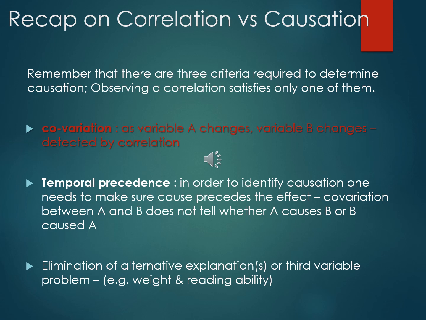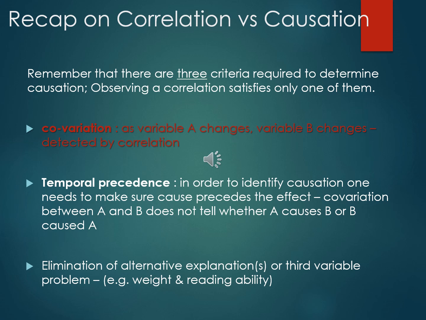Covariation, which is captured by correlation. Temporal precedence: in order to say one is the cause and the other is an effect, the cause needs to happen before the effect. So in terms of time, the cause needs to happen earlier than the effect.